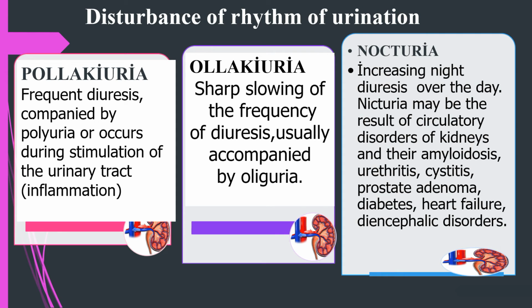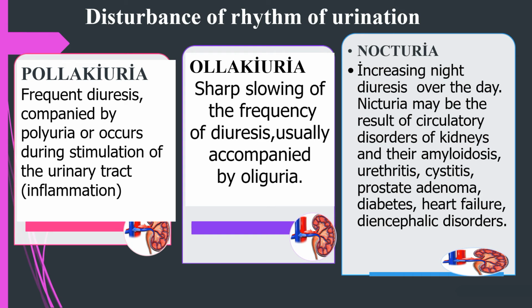Disturbance of rhythm of urination forms pollakiuria, olakiuria, and nocturia. In pollakiuria, there is frequent diuresis accompanied by polyuria, or it occurs during stimulation of the urinary tract. This process develops in inflammatory reactions. Olakiuria is a sharp slowing of the frequency of diuresis, usually accompanied by oliguria.